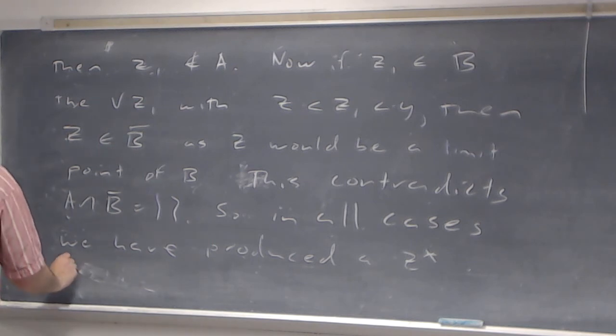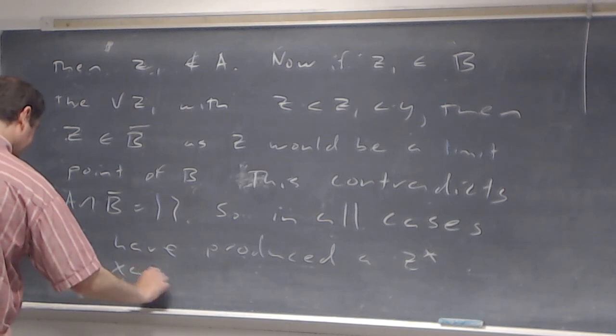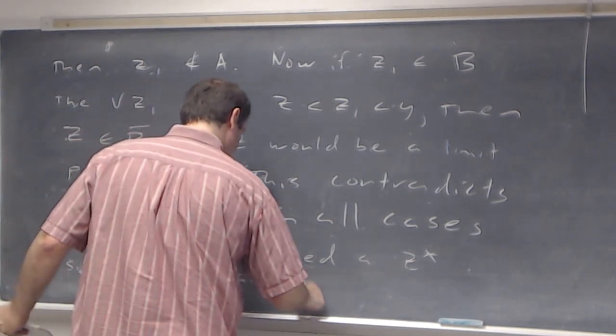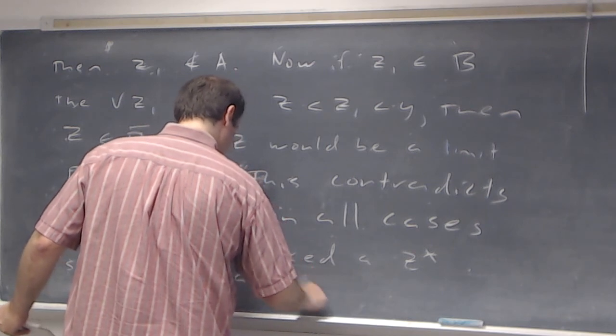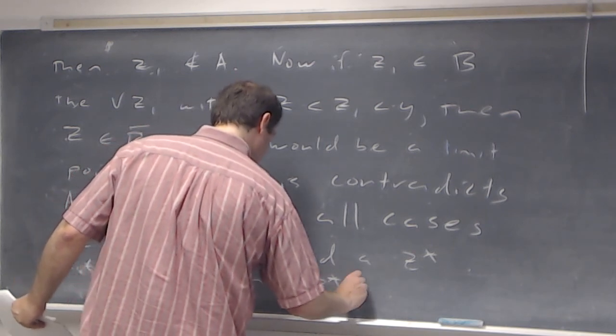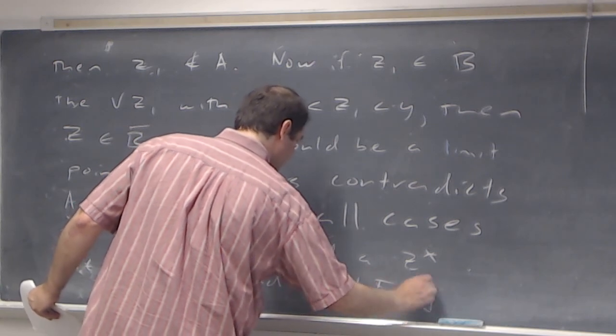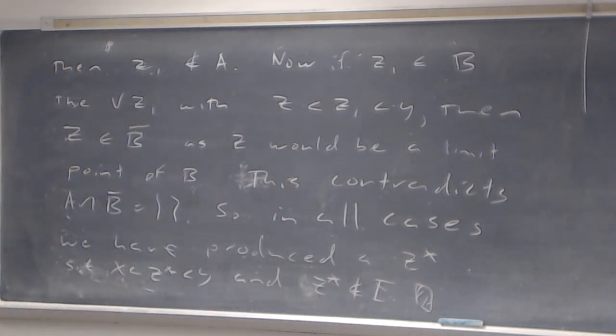A z star such that x is less than z star, which is less than y, and z star is not in E. Okay. And that's what we were looking to do, so that ends the proof. Ladies and gentlemen, that's enough for this video lecture. Thank you very much for your time and patience.